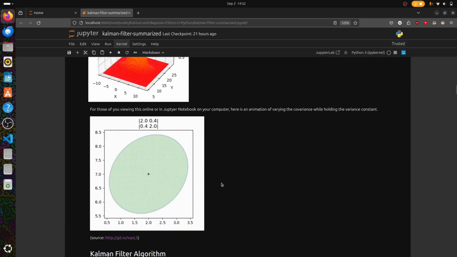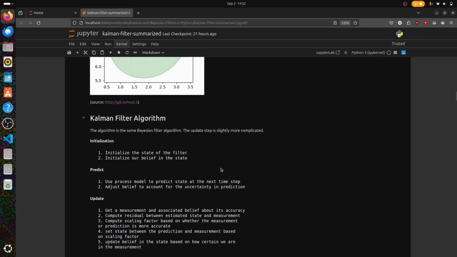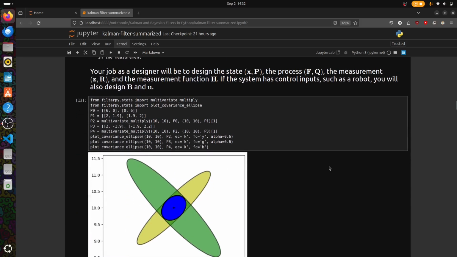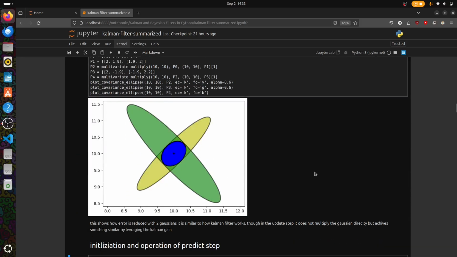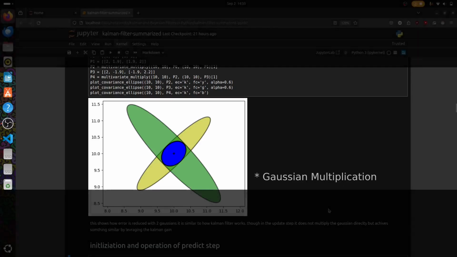Actually, changing the covariance can give a sort of effect of thinning out our Gaussian. And the Kalman filter essentially looks like this, but it is not matrix multiplication.